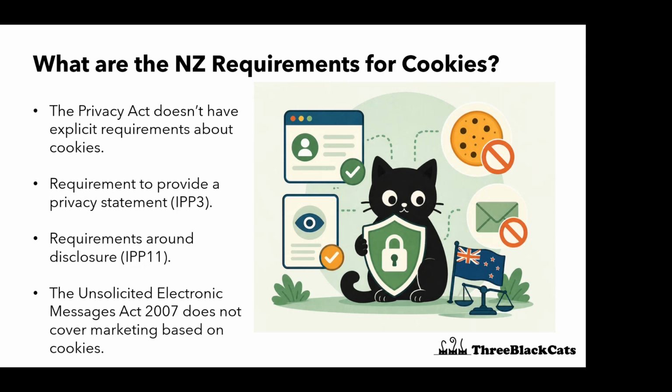So if you're going to send it to my DMs and private message me an advert, then it is covered. But if you're just going to show an advert on my Facebook feed, then the use of data for that is not covered. Now, this is important because that Unsolicited Electronic Messaging Act is what gives people the option of opting in and out.